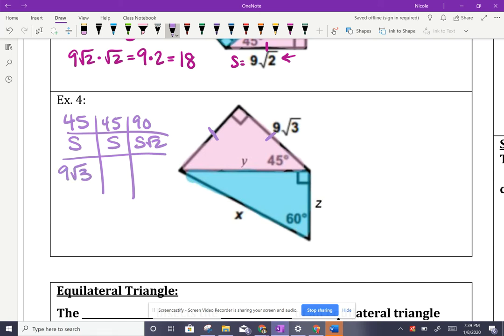The first thing I need to find is Y, which is across from my right angle, so it's my hypotenuse, which means I take 9 root 3 and multiply by root 2. You multiply the numbers inside the radicals. 3 times 2 is 6, so I'm left with 9 root 6, which does not simplify. So Y equals 9 root 6.